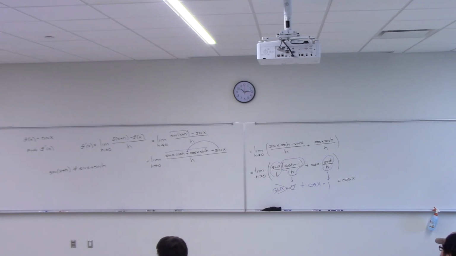All right, we still have 10 minutes, right? Let me make sure I've covered everything I want there. I want to look at the homework real quick. So 2.3, basic differentiation, all the way through 26, 27.